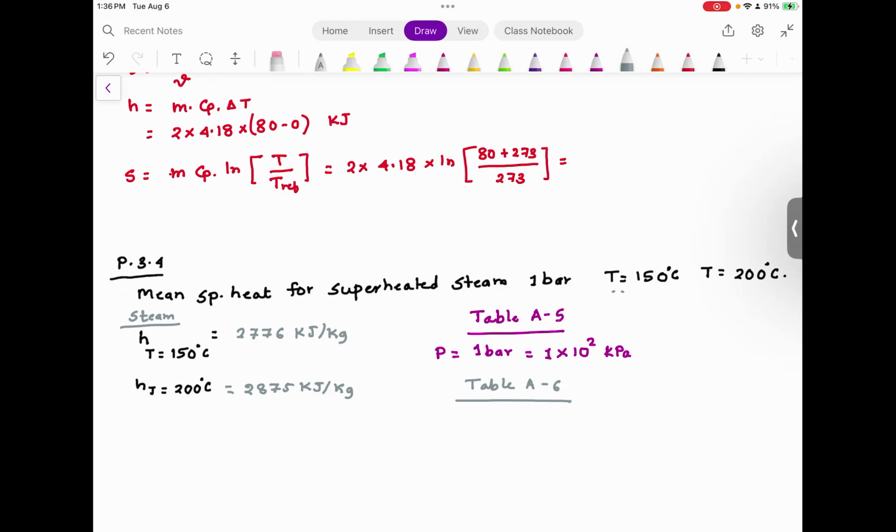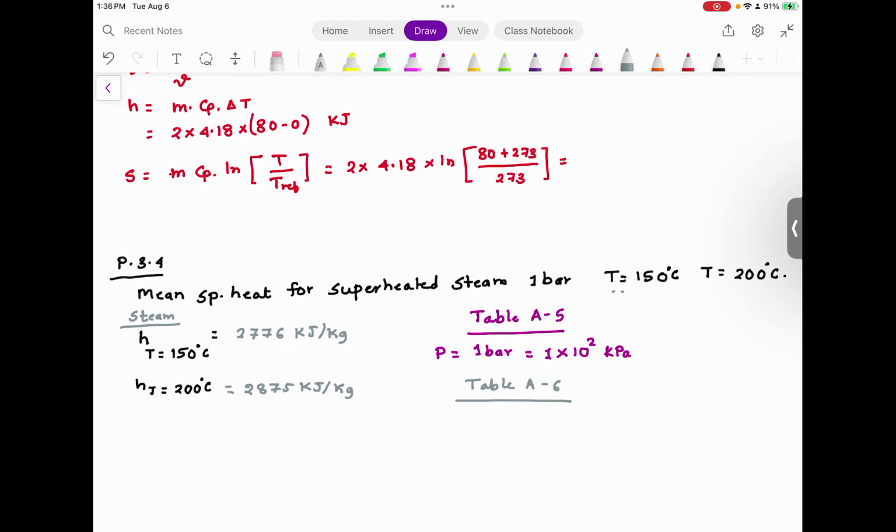We have the information about temperature. Do you agree with me? Temperature is 150 degrees. So track that temperature horizontally and tell me where that intersects with the 1 bar line.